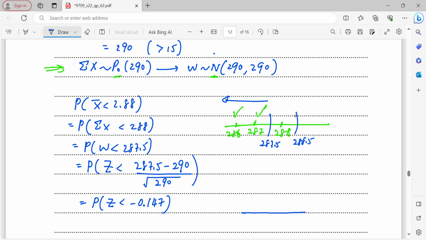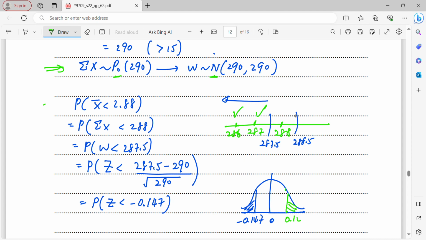Okay, then this must be followed by the graph sketching. The middle is 0. So negative 0.147 is on the left hand side. Okay, that's the region. Now obviously we have to reflect the region to the right side.